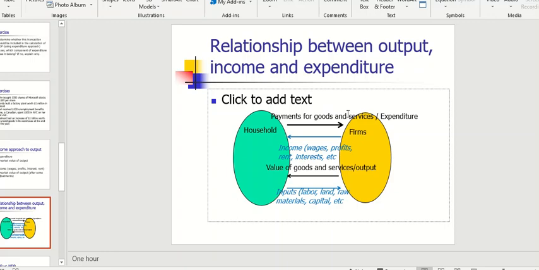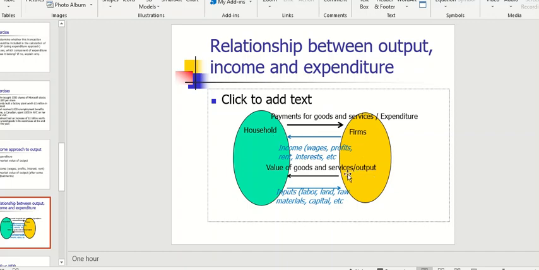There are only two types of economic entities in this economy, which is domestic households and domestic firms. So firms are producers. Firms produce goods and services and sell them to household members.